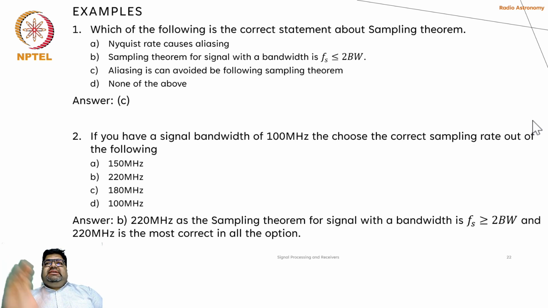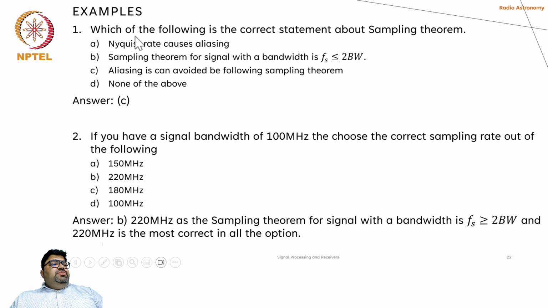For a band limited signal, which has a start and an end frequency, so it has a bandwidth BW, the sampling rate should be less than the highest frequency present in the band, but greater than twice the bandwidth of the signal itself. This is all which we have learned. If you do not sample at that rate, you face aliasing.